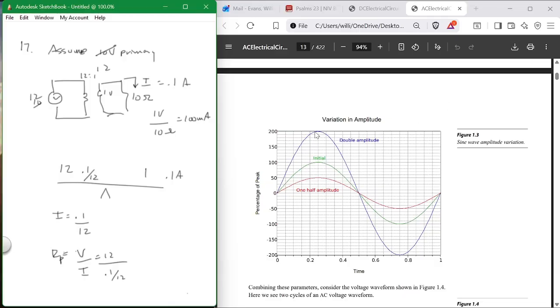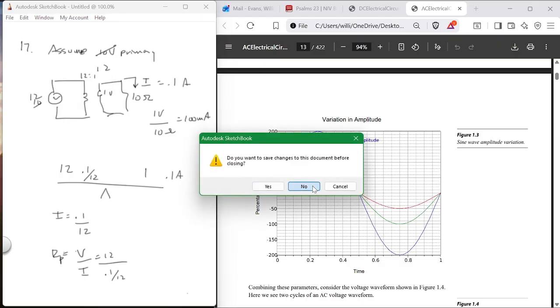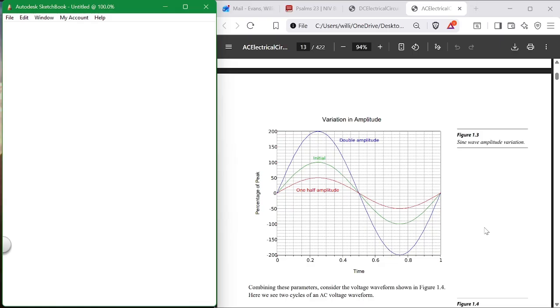So anyway, you have this maximum here. That's called the peak. Okay, so this signal has a peak that we don't usually refer to. This is called V peak, but we usually say VRMS.